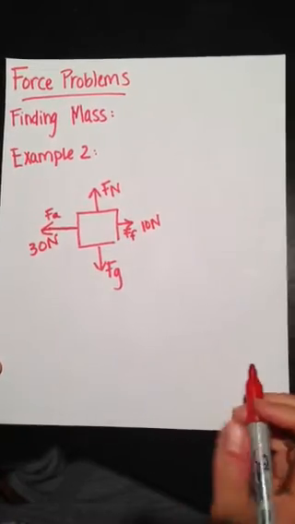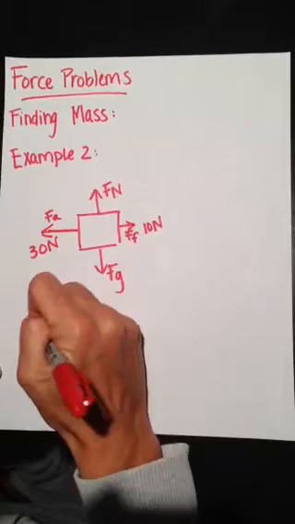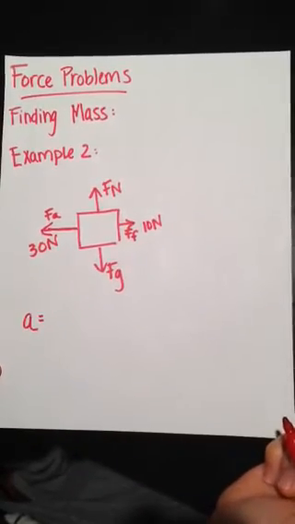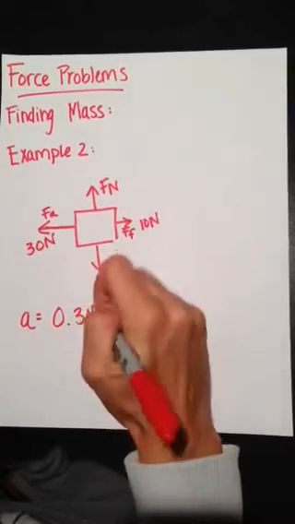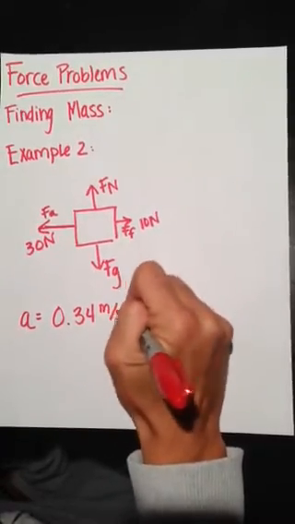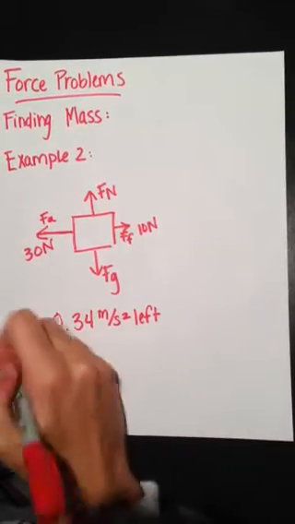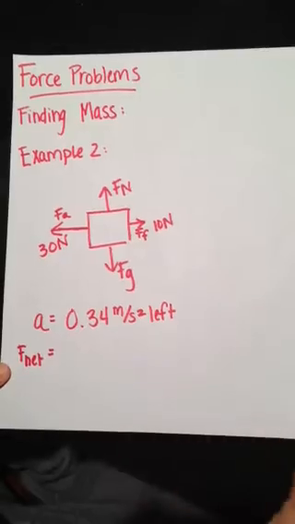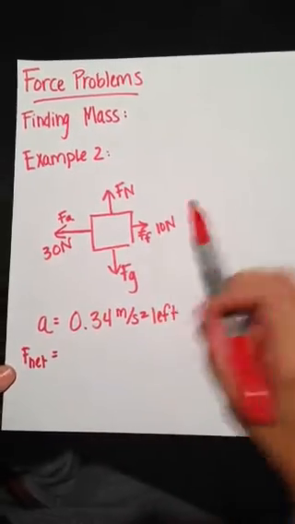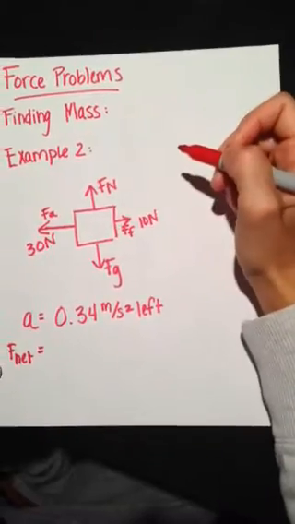So now let's figure out what I have. All right, so they give me in the problem my acceleration, and my acceleration is positive 0.34 meters per second squared to the left. And then they give me enough information for my net force. I just have to calculate it. Okay, I know my normal and my force of gravity. Those are going to cancel out.